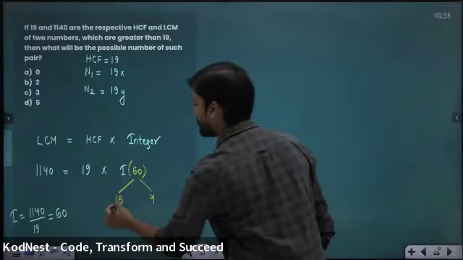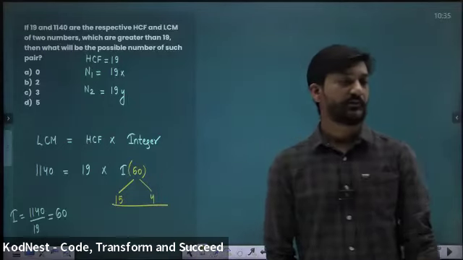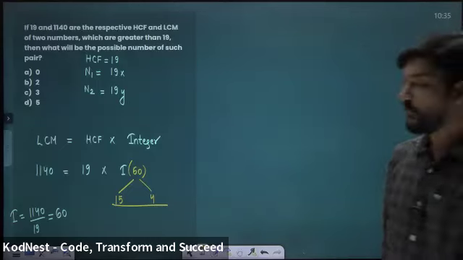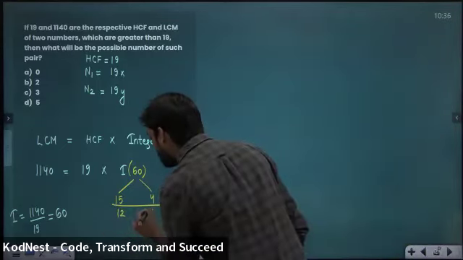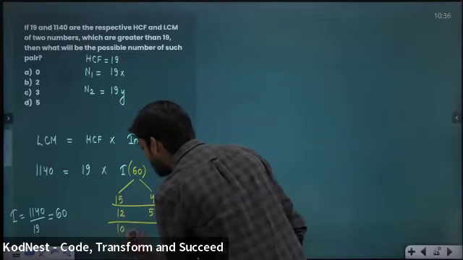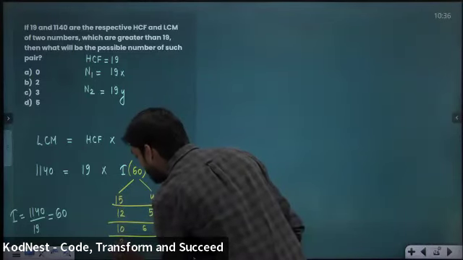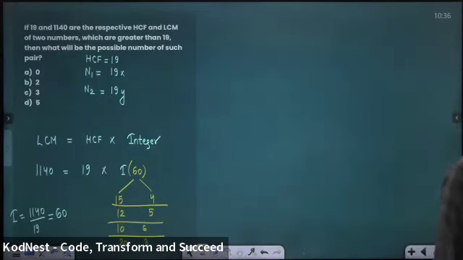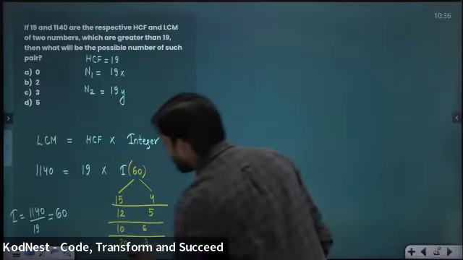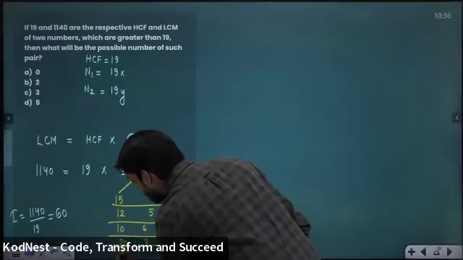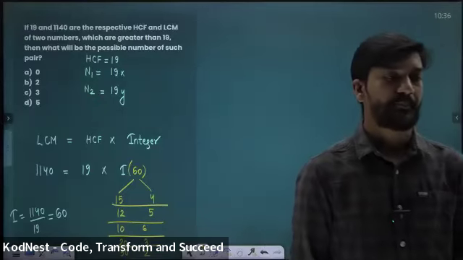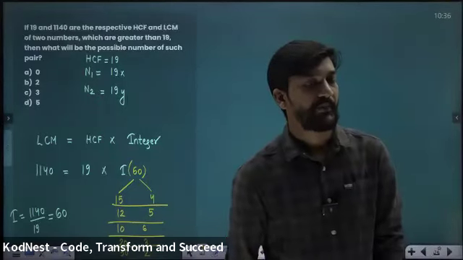Anything else? 12, 5. 10, 6. 20 and 3. 10, 6 and 6, 10 are the same. 30 and 2. Okay. Anything else?